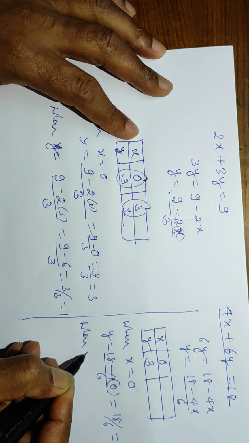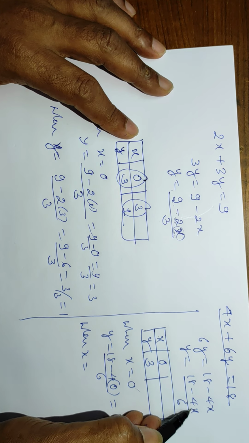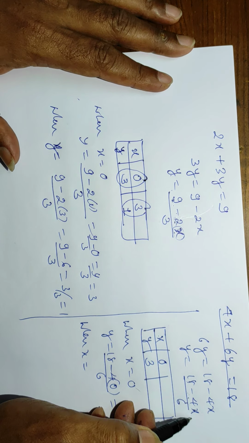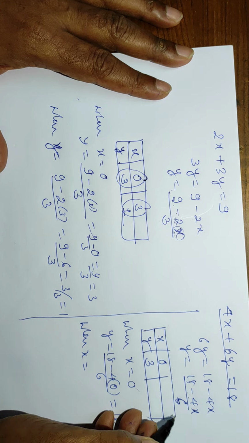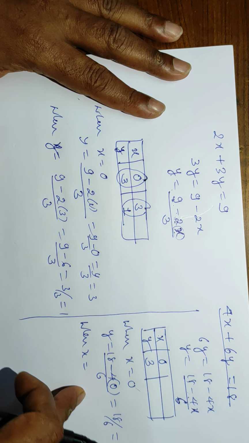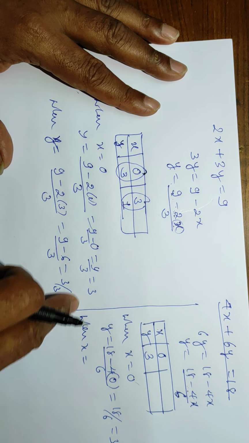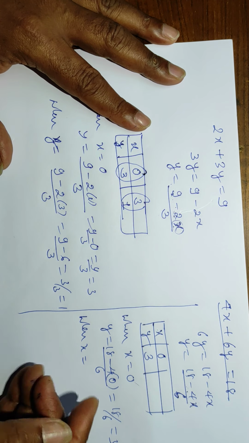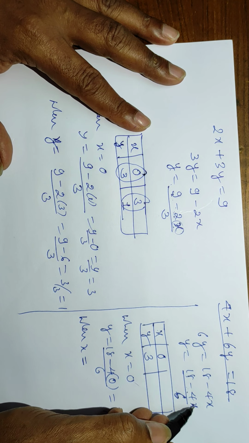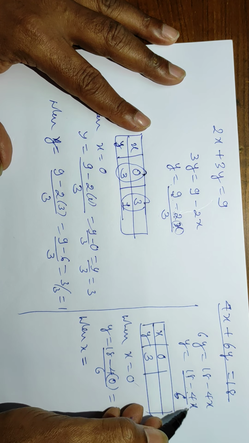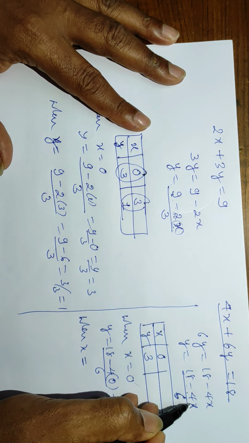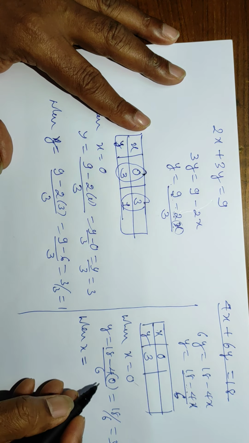What happens if x equals 1? 4 into 1 is 4. 18 minus 4 is 14. 14 is not divisible by 6. You can take a fraction also, no problem. But to make the process convenient and easier, we go for whole numbers. For example, if it is 2, once again you will get a fraction. If it is 3, what happens? 4 3s are 12. 18 minus 12 is 6. 6 by 6, you will get 1.